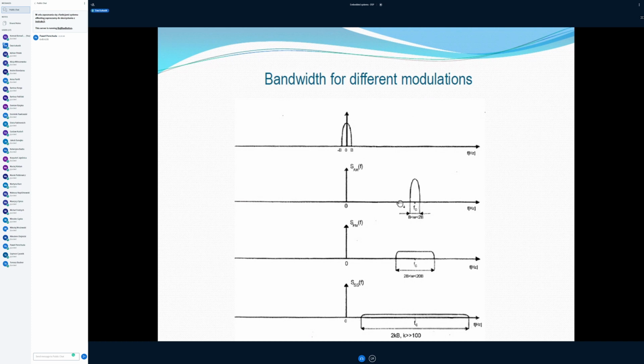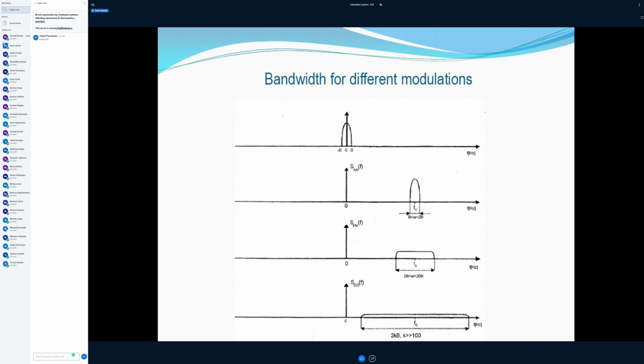And the drawback is that our spectrum is twice as wide as the original. Of course, as I said last time, we have methods to diminish the energy of one of the bands, but in general, it is twice as wide as our baseband frequency.